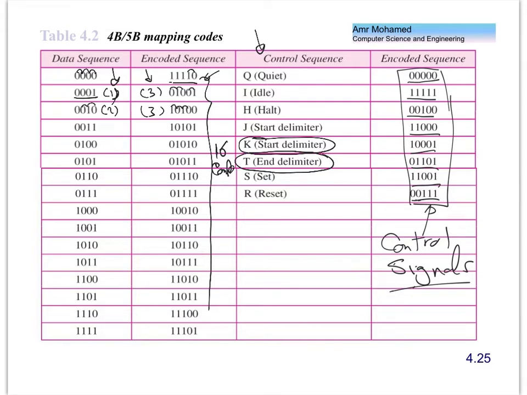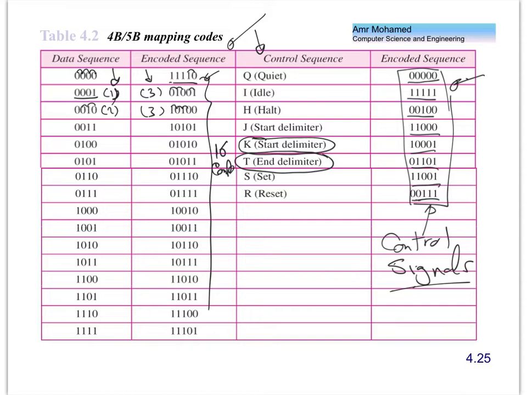So we can use these combinations as control signals between the physical layer and the data link layer. And in the data link layer, we are sure that we cannot have these sequences as part of the data by any means, because we have already replaced all the other combinations with the data.